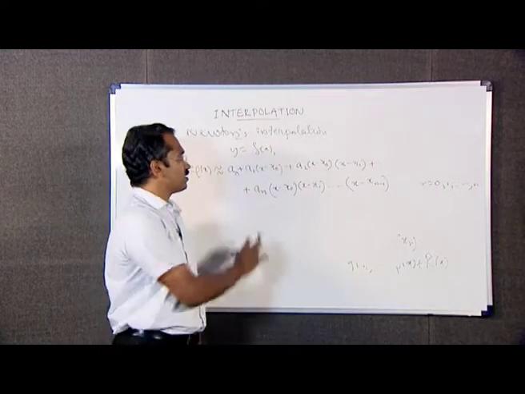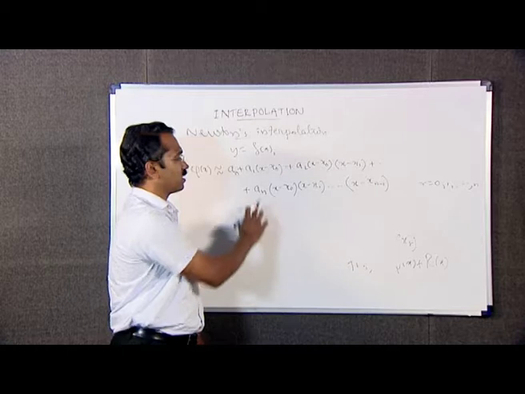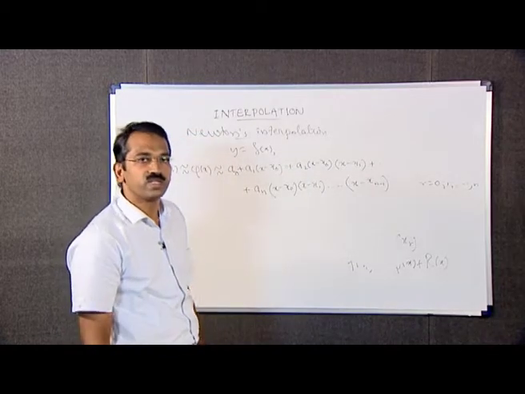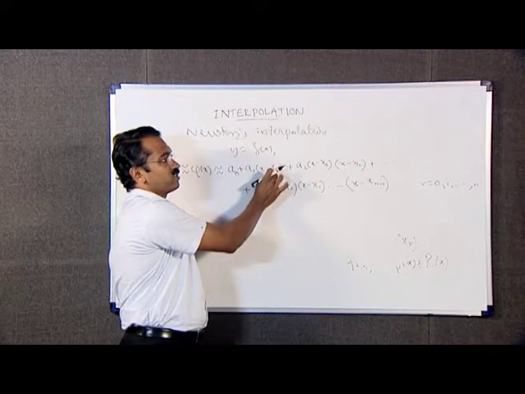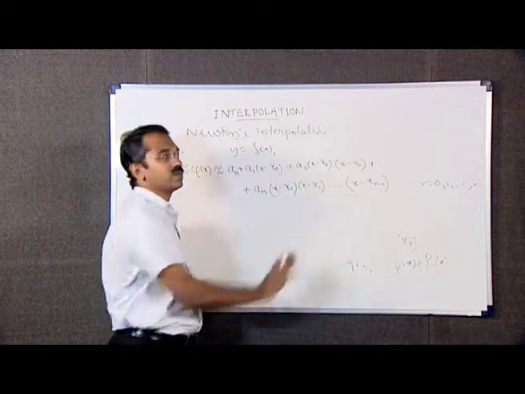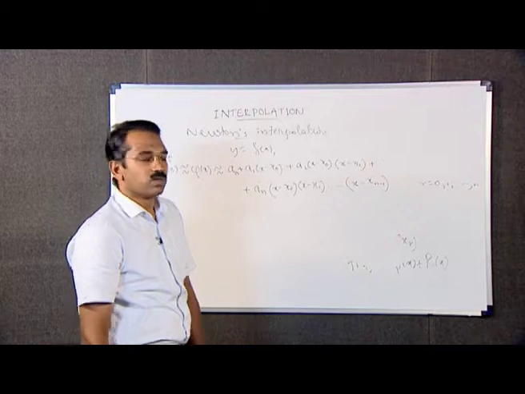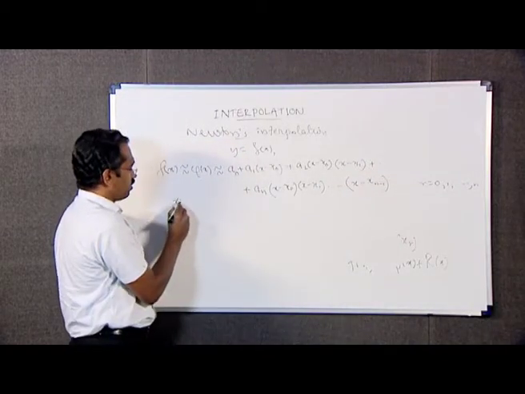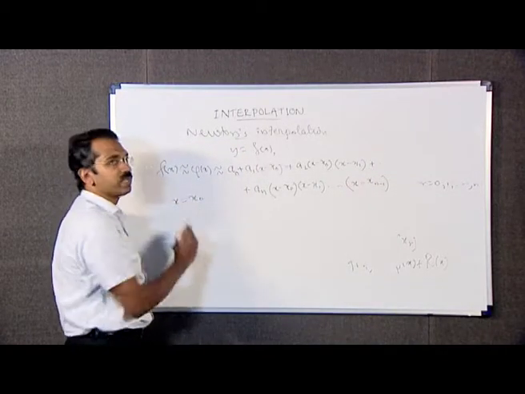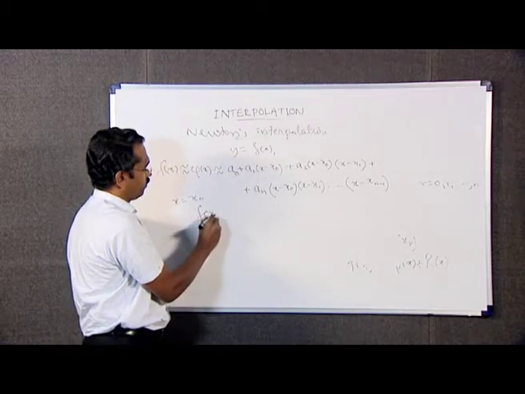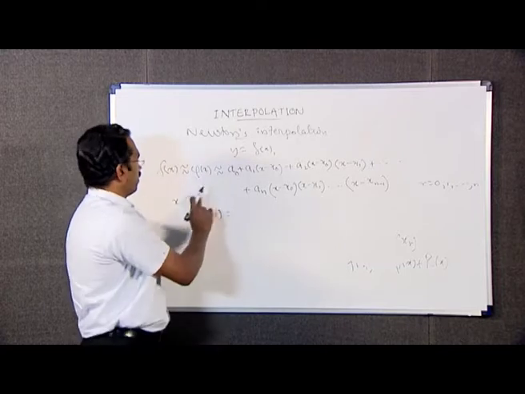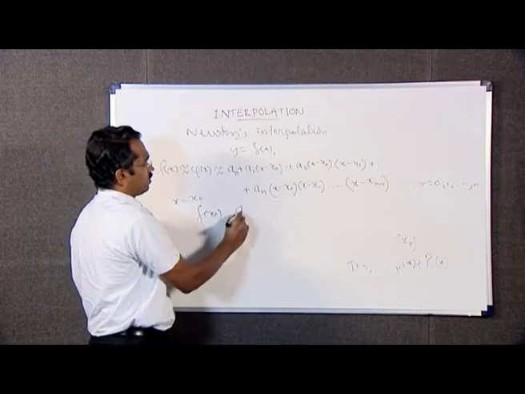Here the constants a naught, a1, a2, etc., an can be determined by putting x equal to x naught, x equal to x1, and so on. If we put x equal to x naught, we get f of x naught is equal to a naught.